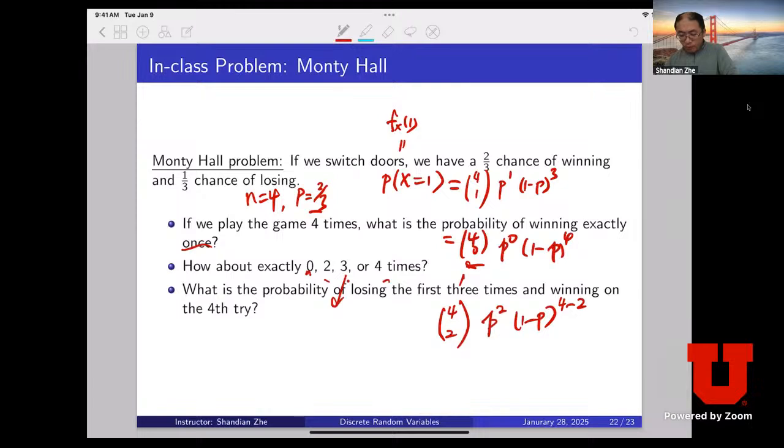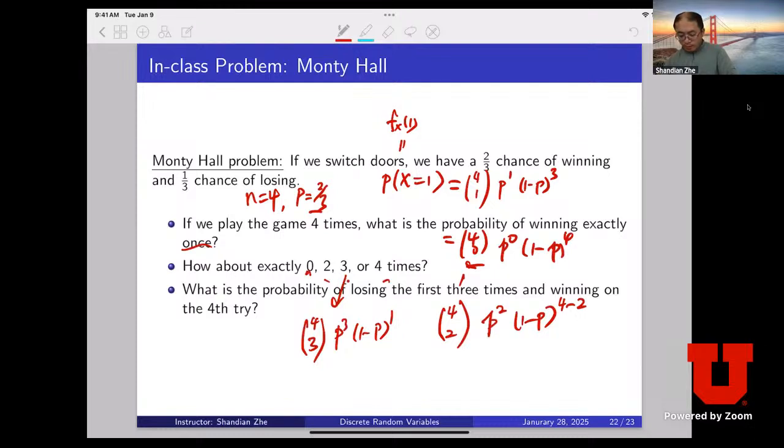And if you want to look at what's the chance you win 3 times from playing 4 games, now you choose 3 from 4, right? And p to the power of 3, 1 minus p to the power of 1, right?